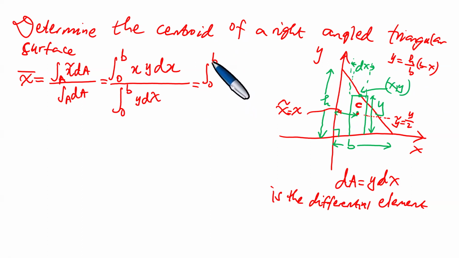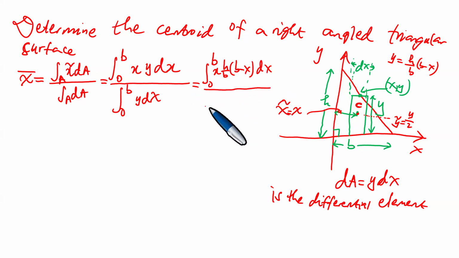What is x? What is y? H over b minus x. That is y. And then you'd have dx.